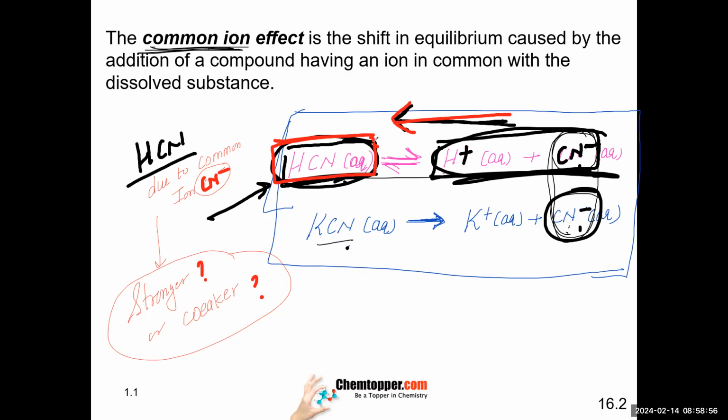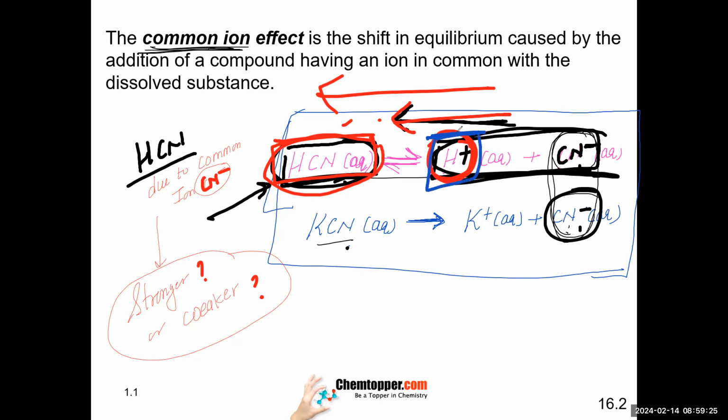It's weaker. Why? Because it is undissociated now. It's not giving you H plus. The amount of H plus is decreasing. Yes. Afan, can you ask your question? If you are not sure, ask your question. When it is shifting to the left side, what is happening to the concentration of H plus? There are so many ways of understanding.